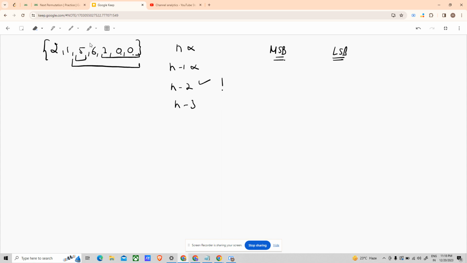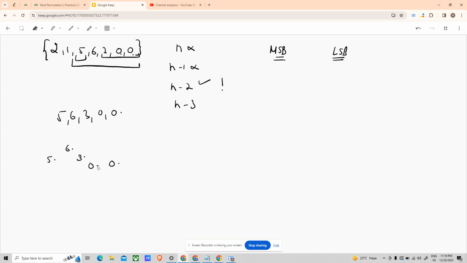6 is just greater. So how can I find the breakpoint without using much time complexity? If you observe, if you plot the graph of 56300, you see 0 comes here, 0 comes here, 3 comes here, 6 comes here, and 5 comes here.